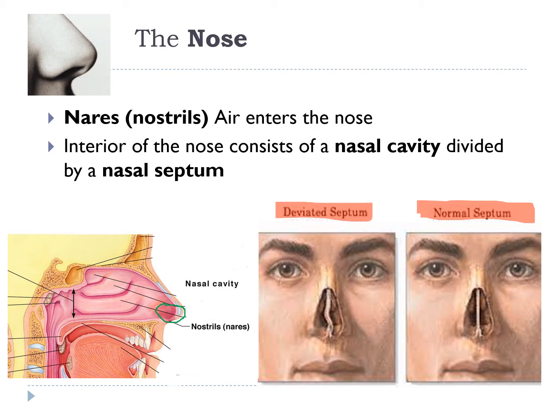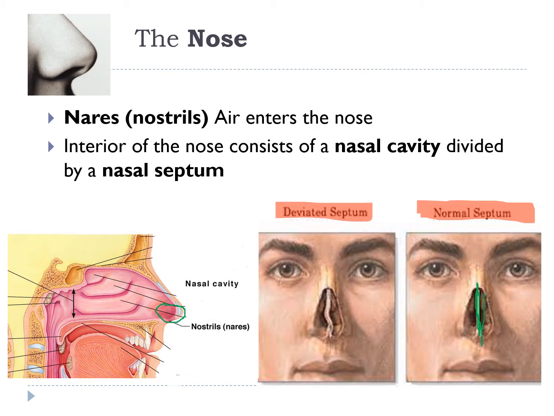And then the nasal cavity is actually divided into two separate channels by the nasal septum. And the nasal septum is actually a bone that goes down the middle of your nose. So when someone says they broke their nose, this is the bone that they're talking about. They're talking about their nasal septum.